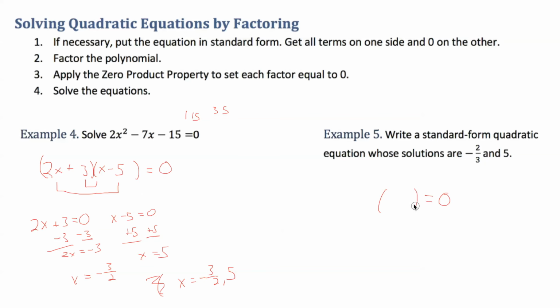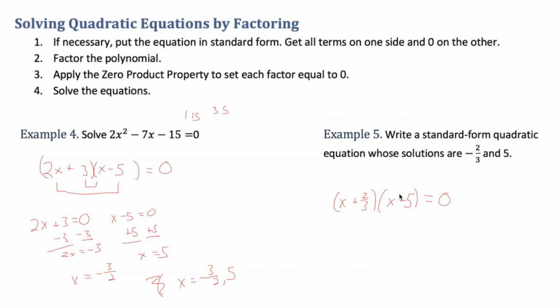What factor gives us 5 as a solution? Well, we would need x minus 5. We need the opposite of this. So x minus 5, because if we put 5 back in, we would get 5 minus 5 is 0, which equals 0. And then this one, we could think of in two different ways. First, one that involves a fraction, but we can put x and just the opposite of this, plus 2/3.